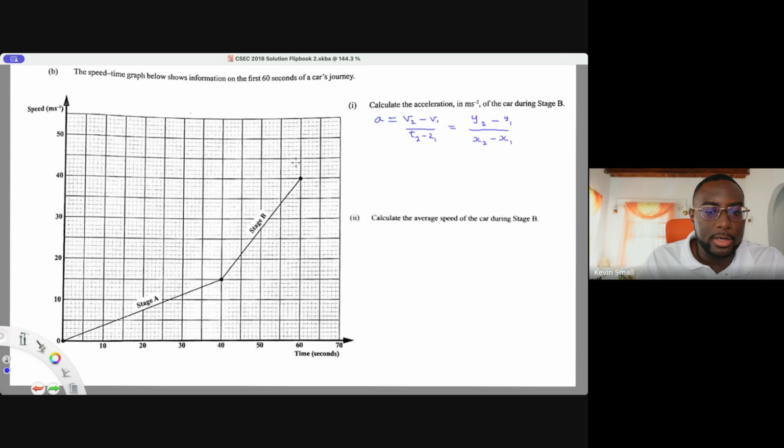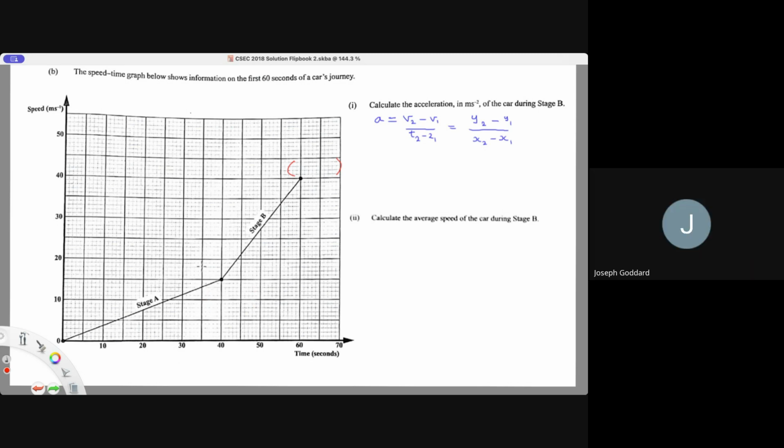Tell me the coordinates for this point up top here. What are the coordinates for that top point? And then what are the coordinates for this bottom point down here? Tell me those coordinates quickly.